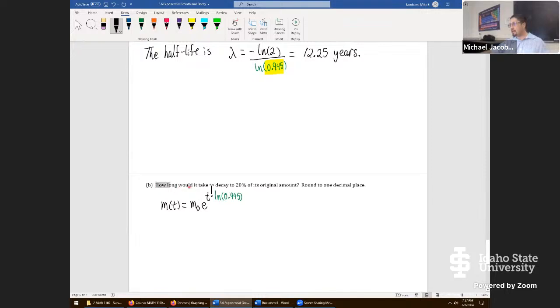So they're asking, how long will it take to decay to 20%? That we can write down as an equation that goes like this. Mass at time t equals decay to 20% of its original value would be 0.20 times m naught. That's the original amount.